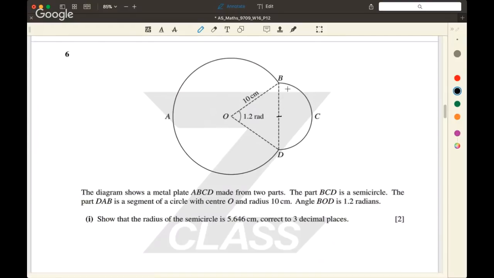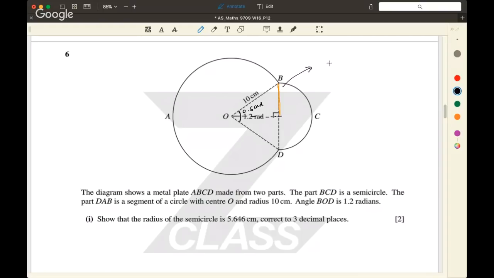So what we're looking for is this length here. The way I'm going to do that is to divide this into, and you can see it's an isosceles triangle, the whole thing is an isosceles triangle. So this thing bisects this angle. So each of these little angles is now going to be 0.6 radians.